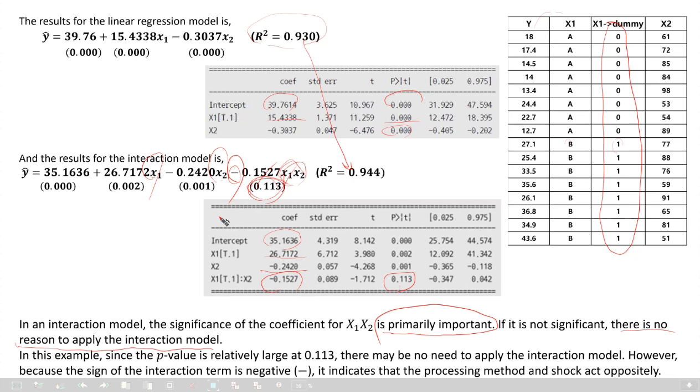When the interaction term has a small p-value, then you have to consider the interaction model for your data. All right, it is not that hard, okay? That's it for today. Thank you.